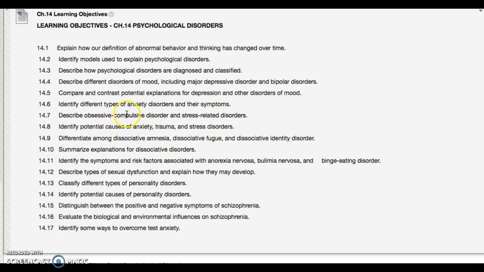The next class of disorders we'll look at are anxiety disorders. What are the symptoms that need to be present? What would a person be feeling, in other words, if experiencing anxiety? What are the different types of anxiety? So we're going to look at generalized anxiety, things like PTSD, phobias in general, and a few others.